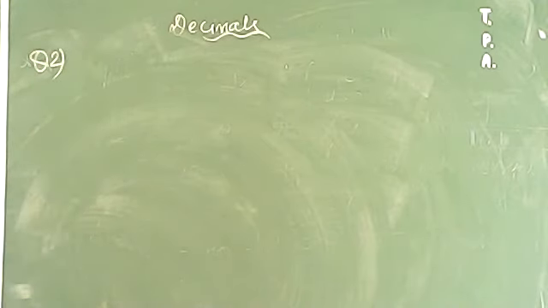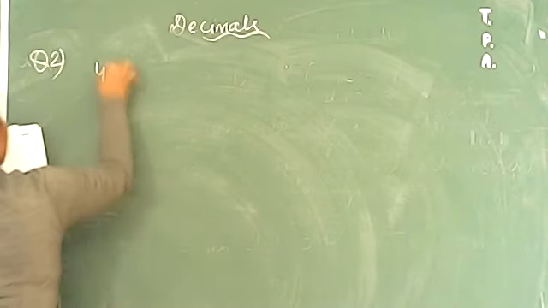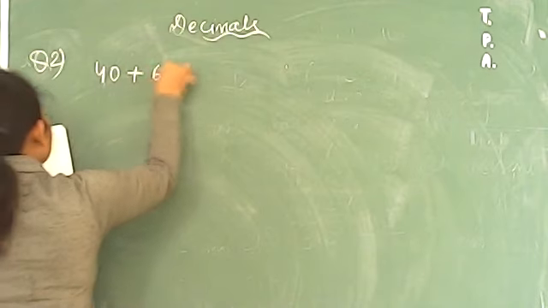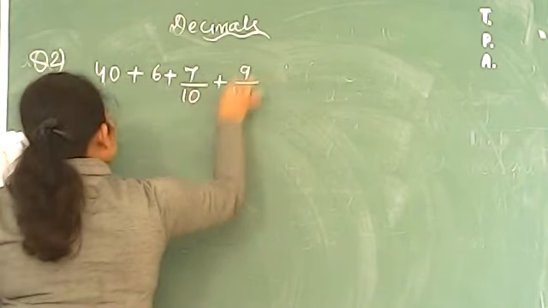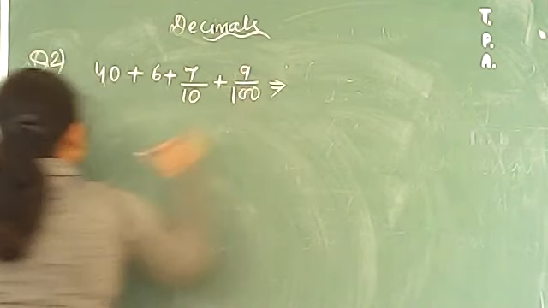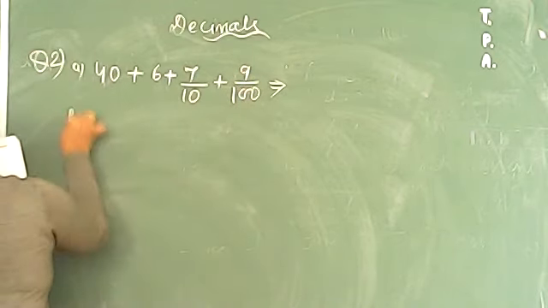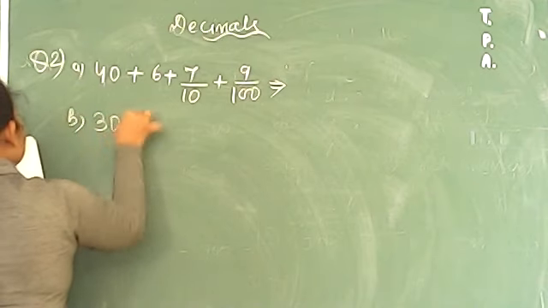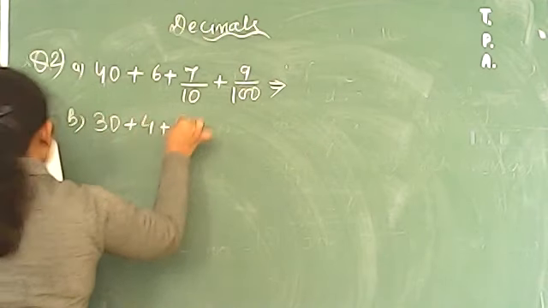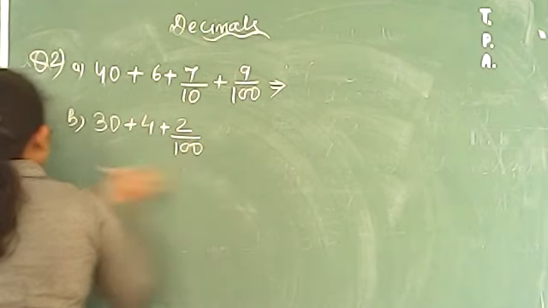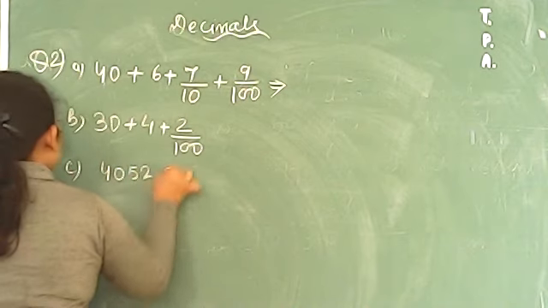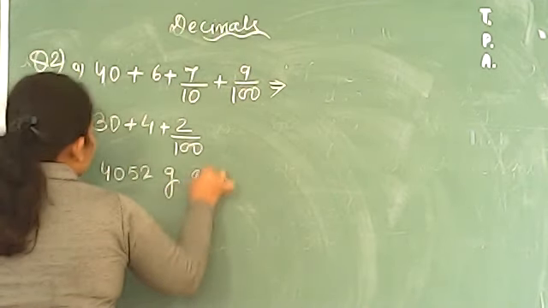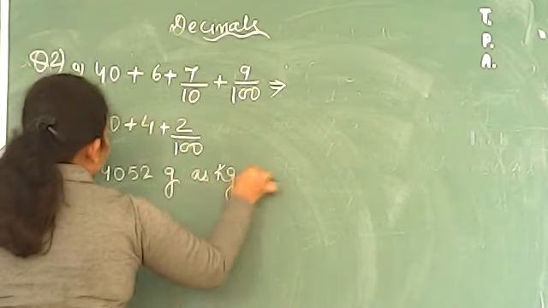Now you have to convert to decimal, and the numbers are given as 40 plus 6 plus 7 by 10 plus 9 by 100. Second question is 30 plus 4 plus 2 by 100. And C is 4052 gram. You have to convert it to kilogram.